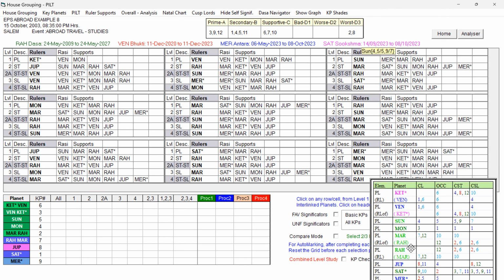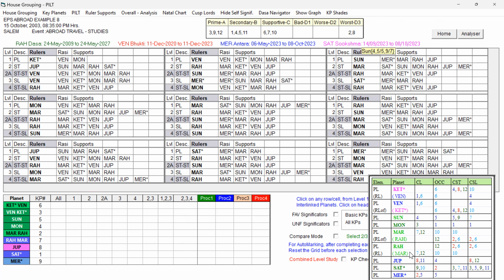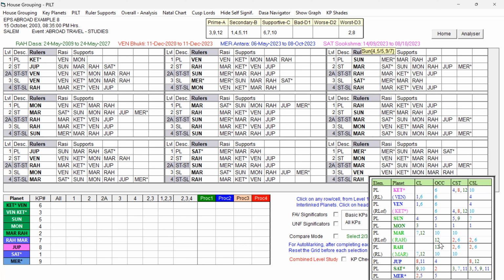So there will definitely be some difference, because these shades have been given manually according to our convenience and our understanding of the grouping of houses, but this color has been given based on a program in the software according to the score it will give. So there could be some difference.